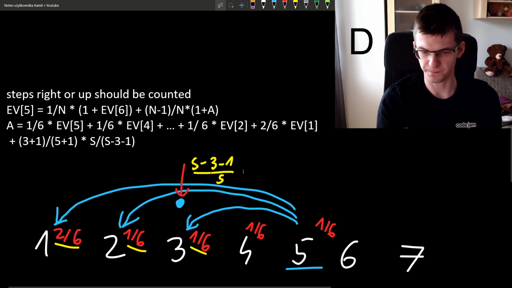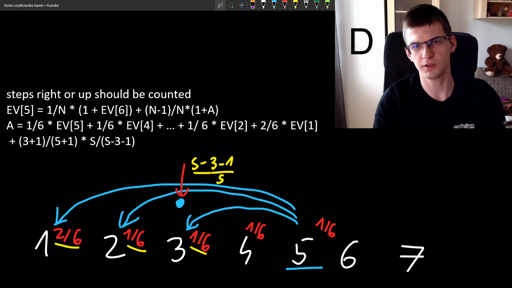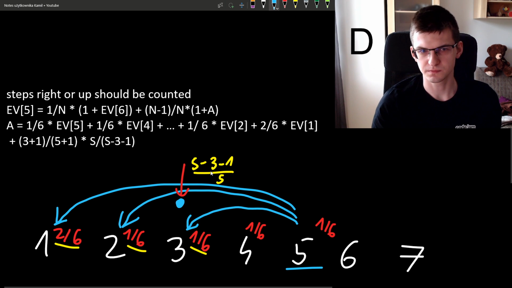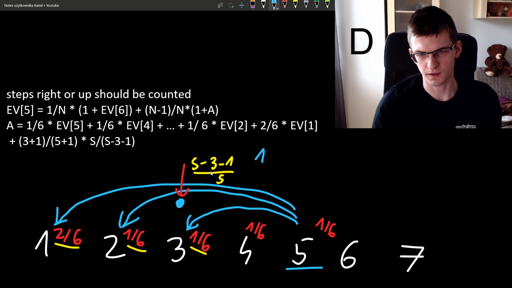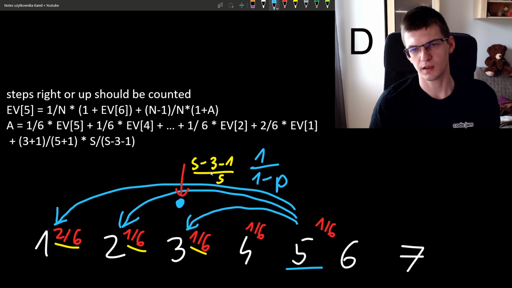If this is p, then the formula for wasted time is 1 over 1 minus p, because 1 minus p is the probability of success. So it should be something else.